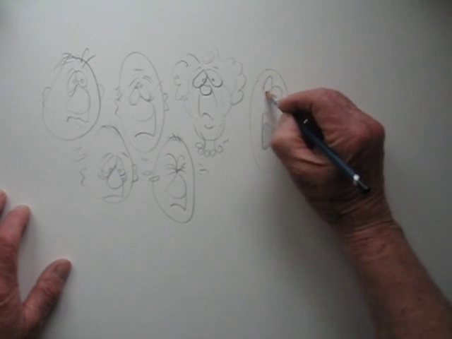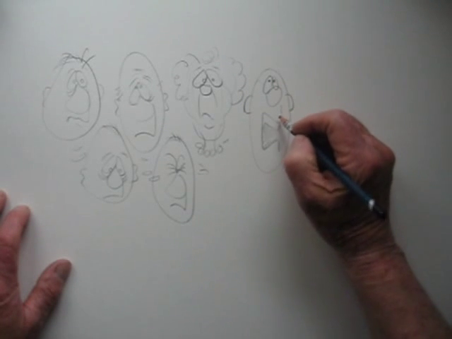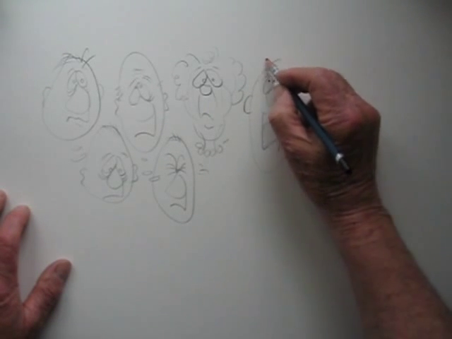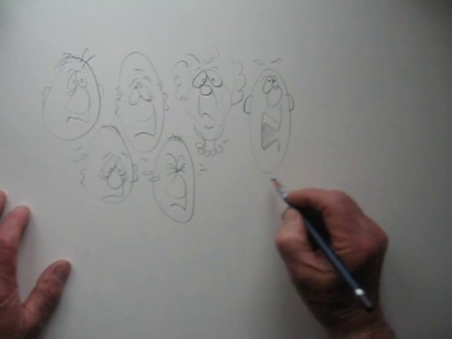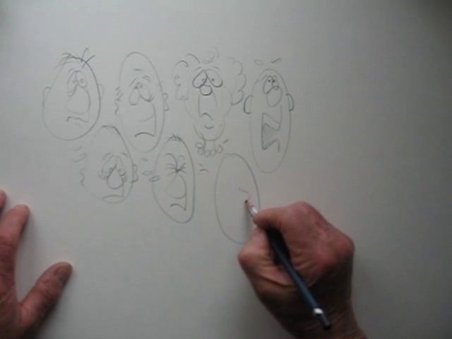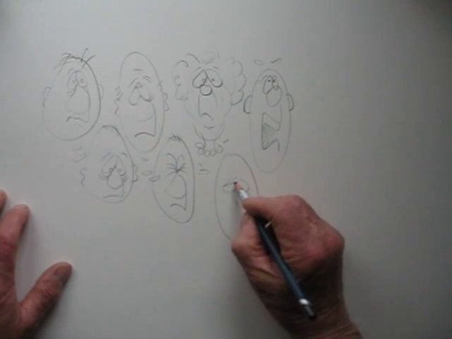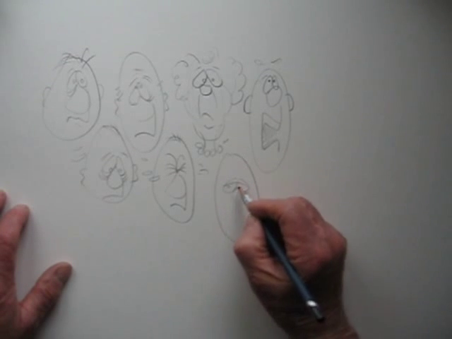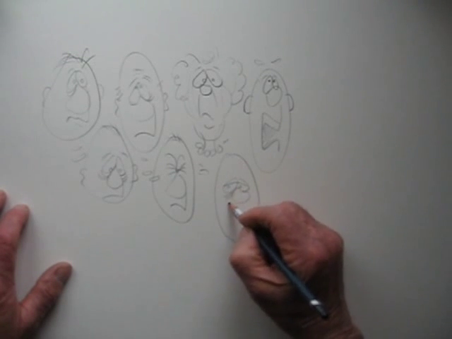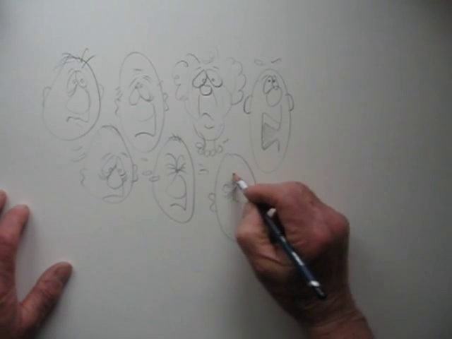Got his mouth open, and he's thinking to himself, oh dear, oh dear, oh dear. Bit sad there. Let's do another chap looking sorrowful. Got his eyes half closed. Another downturned mouth.